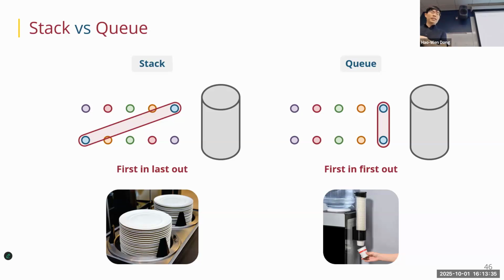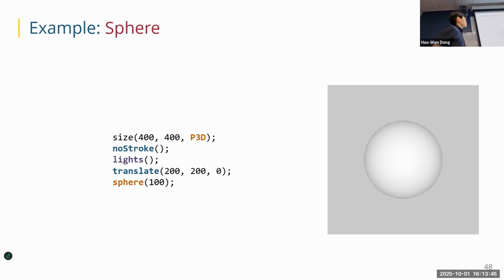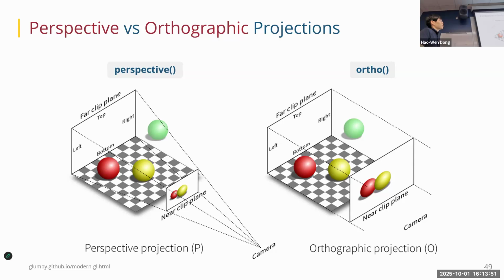Cool. And we talk about in 3D, basically we only have box and sphere. Everything else you need to do translate, rotate, or the transformation to get those. And we also talk about, we have lights, which is very tricky. And perspective, we didn't go into it, but there's this camera thing that's very tricky because technically you are setting up a scene and then the camera is where you're looking at it.